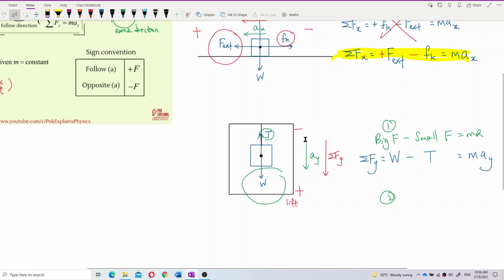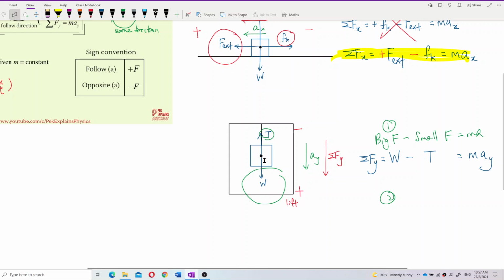Right now the acceleration is downward, so downward cannot be negative anymore. The downward force needs to be positive, because it is the same direction as the acceleration. It follows acceleration.